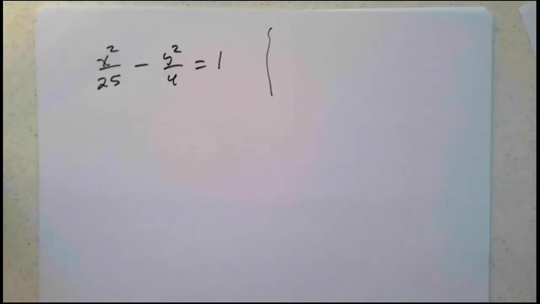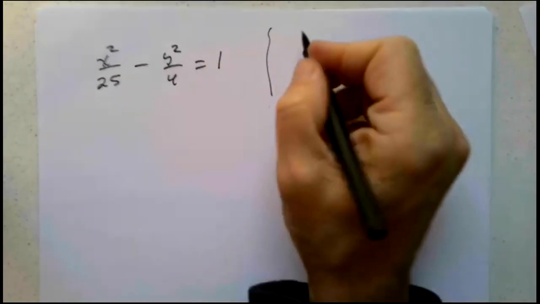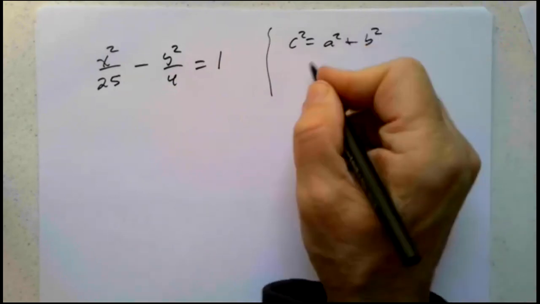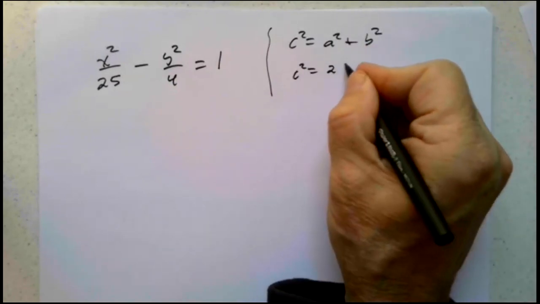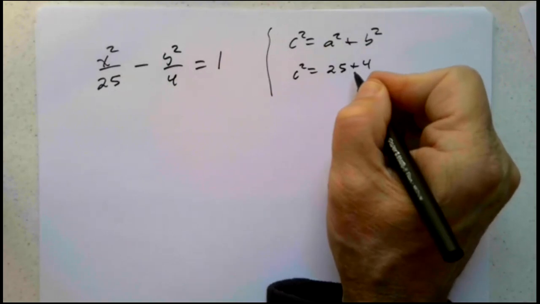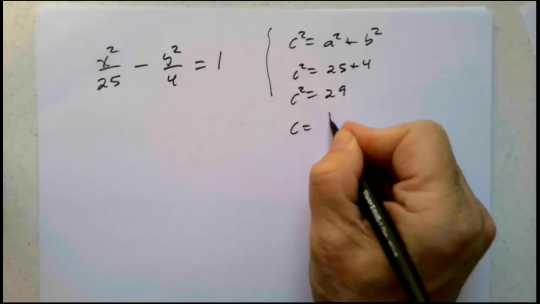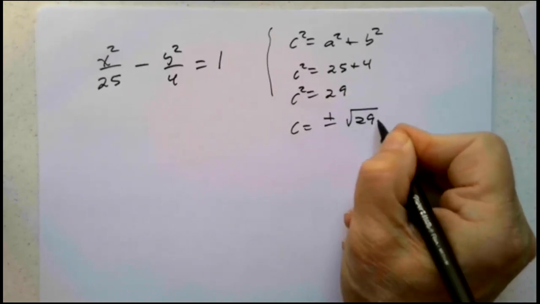And for hyperbolas, what do we say? We say c squared is a squared plus b squared. So c squared is 25 plus 4, so c squared is 29. So c is plus or minus root 29.